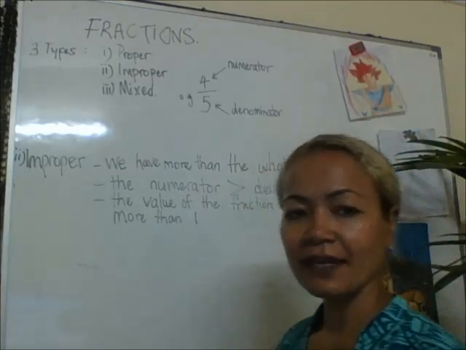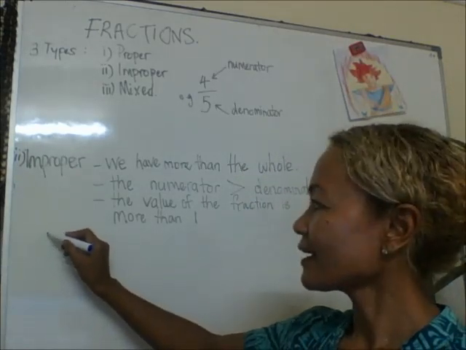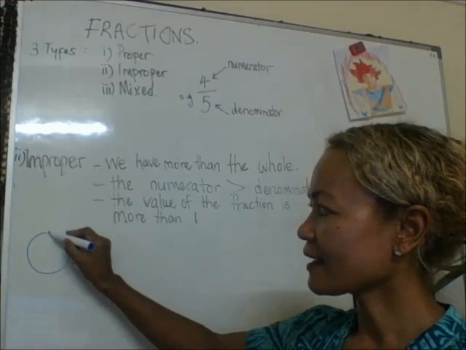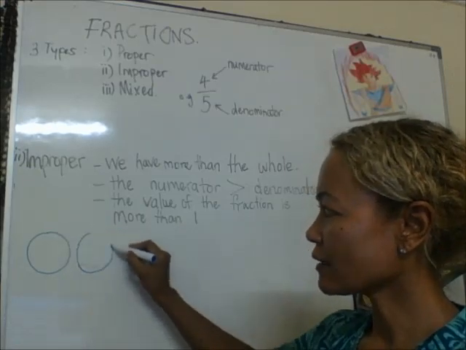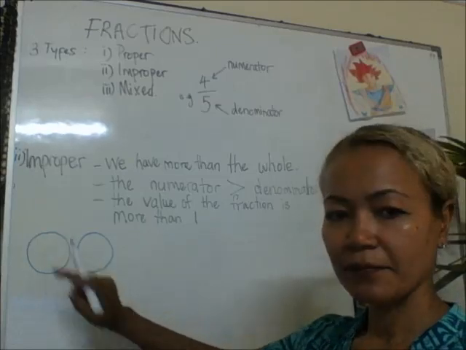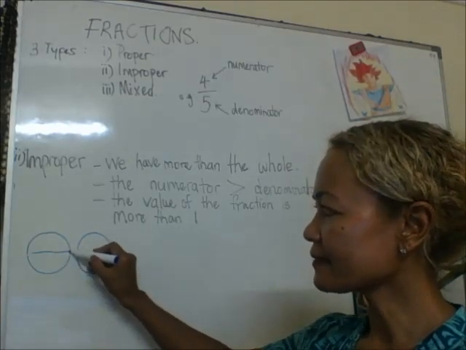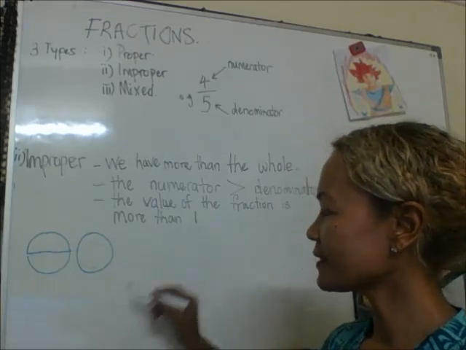So let's draw some examples. For example, say the whole is represented just like before by a circle. Say we split the circle in 2.